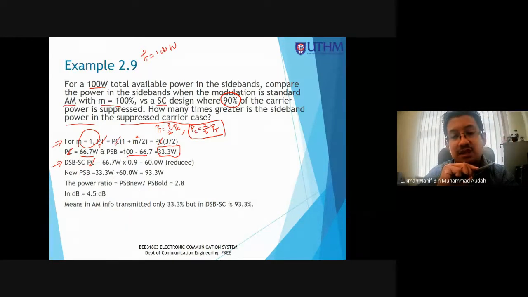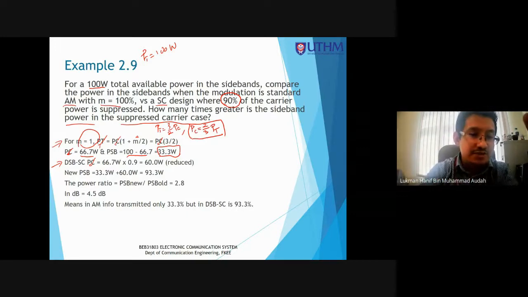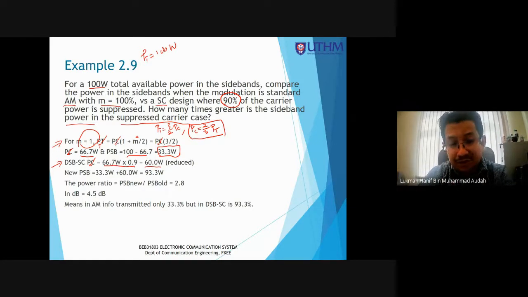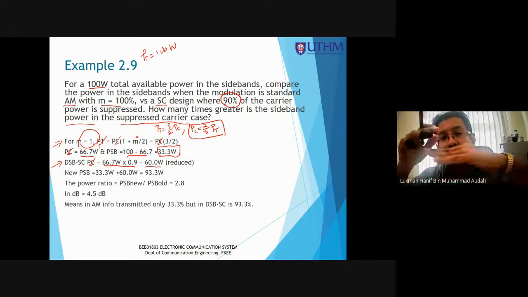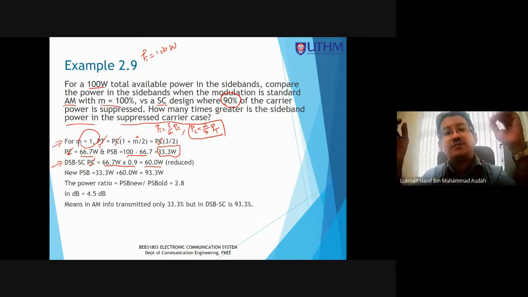Maknanya tadi daripada double sideband full carrier dia nak tunjukkan bahawa kalau kita suppress 90% of the carrier power, what happened? So 90% of the carrier power has been suppressed. That means this 90% is equal to 60 watt. Maknanya kita nak kurangkan 60 watt daripada carrier power ini. Okay, 60 watt of the carrier power will be reduced or suppressed.